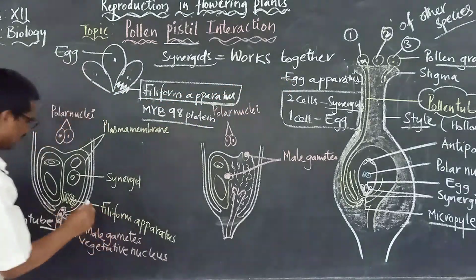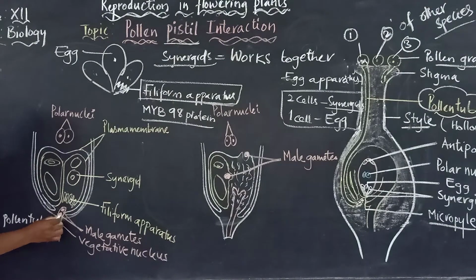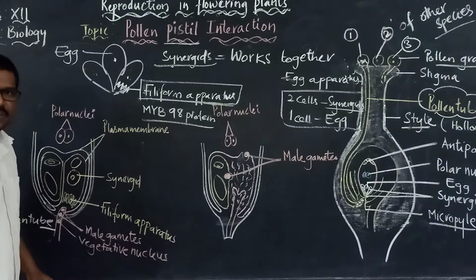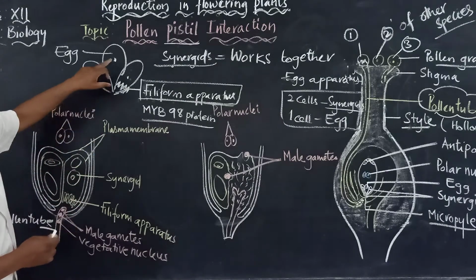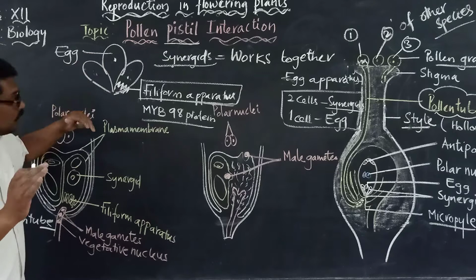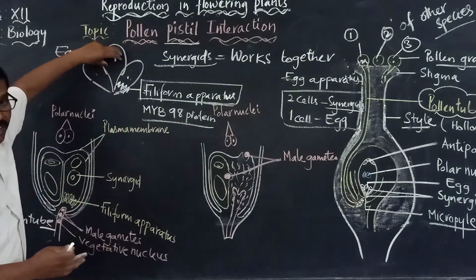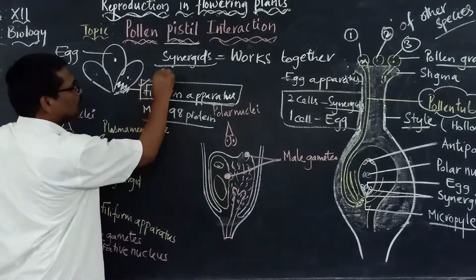Now see here. When the pollen tube enters, the male gametes are attracted to enter into one of the synergids. This is a very important point: they are not directly fusing with the egg. To enter the embryo sac where the egg is, they are attracted by the filiform apparatus.